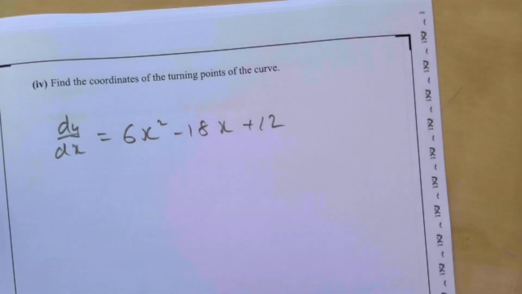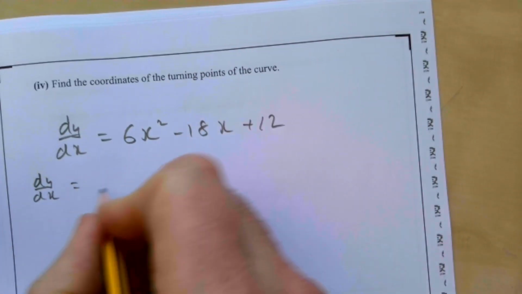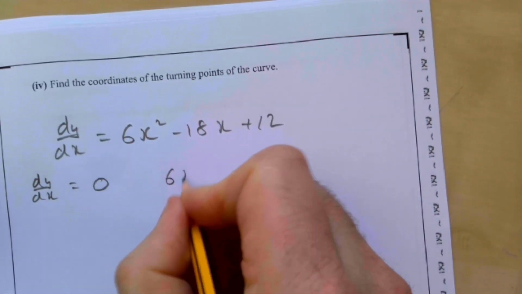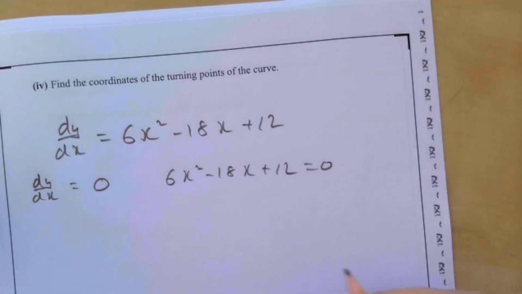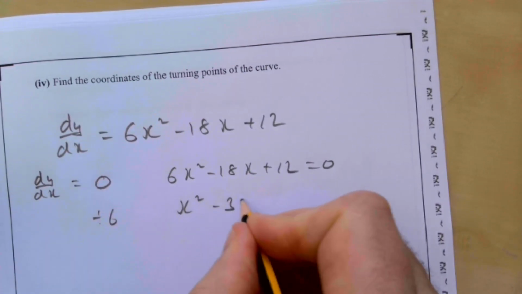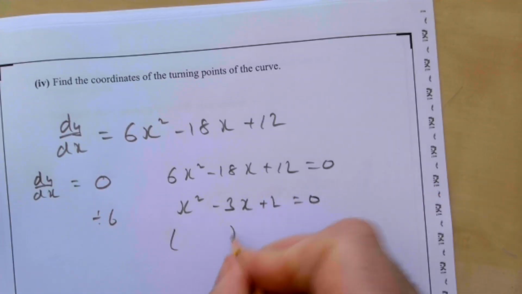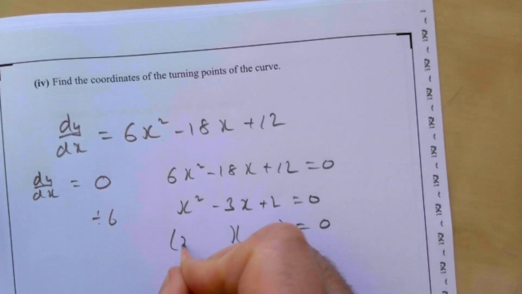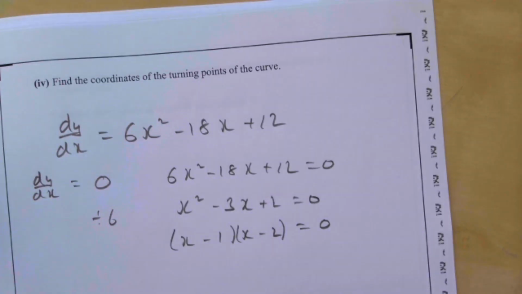To find a turning point, we put dy by dx equal to 0. So that means 6x squared minus 18x plus 12 equals 0, because it's now an equation we can divide by 6. x squared minus 3x plus 2 equals 0. And that's going to factorize nicely for us, I hope. Minus 1 and minus 2.